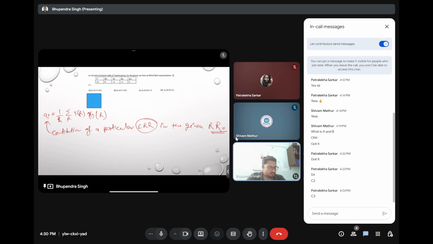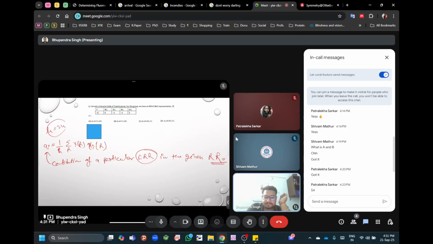What is the order? 24, yes, h is 24. But we need our character table, the tetrahedral character table.